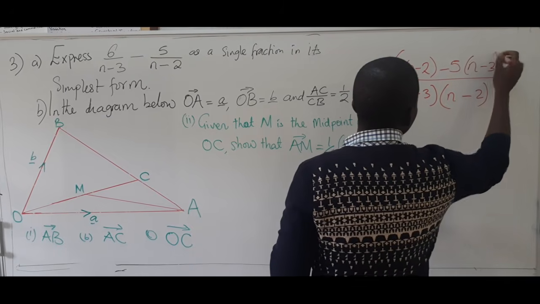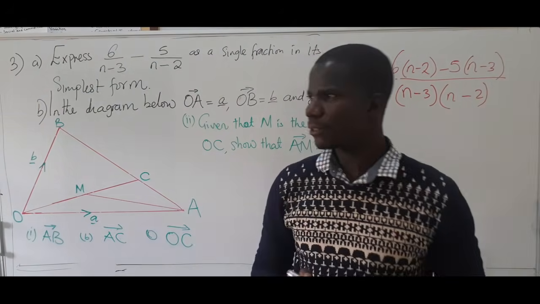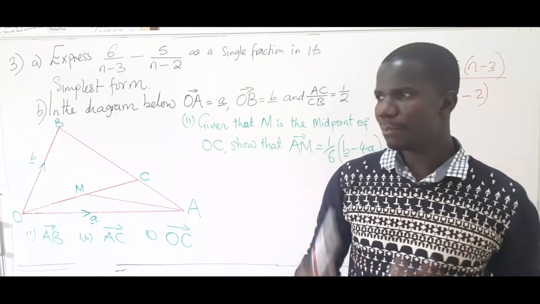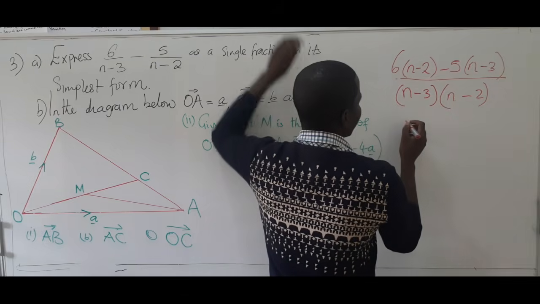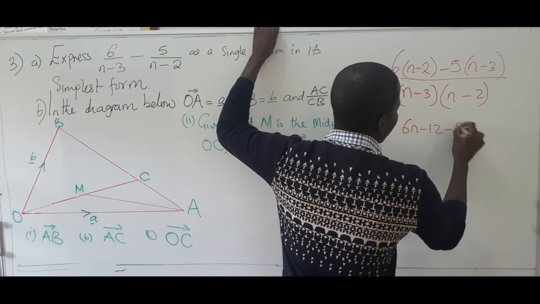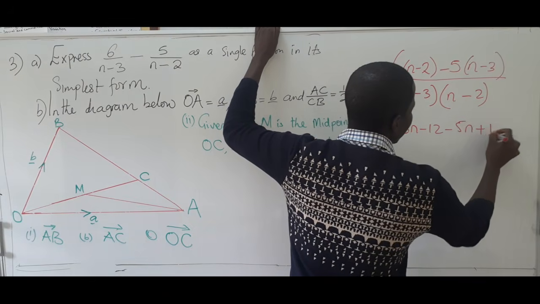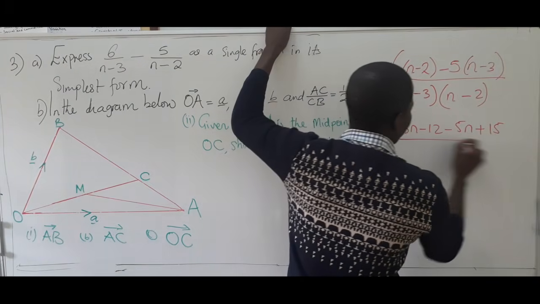n minus 3. Then the concentration now will be on the numerator, so we simplify that part. We're going to have 6n minus 12 minus 5n plus 15. That's what we're going to get, isn't it? Then you collect the like terms together.